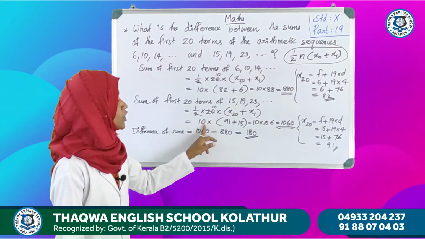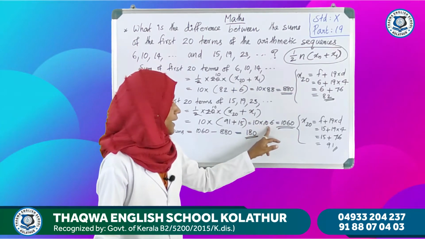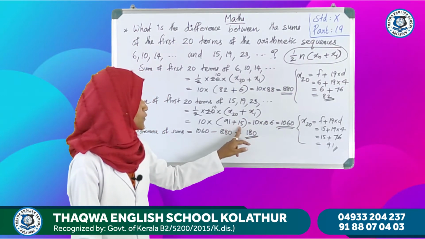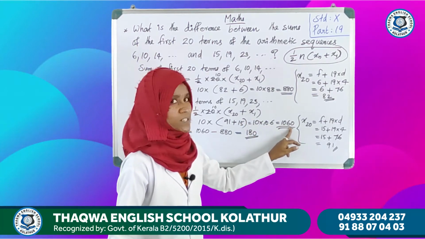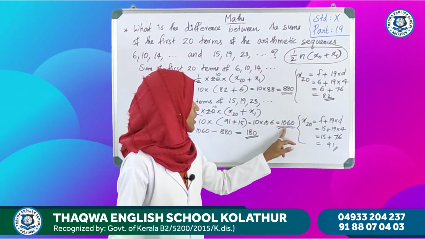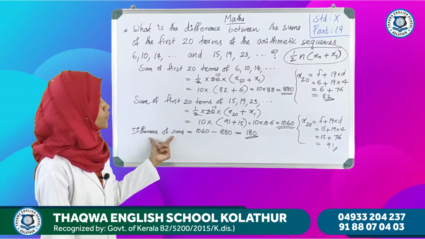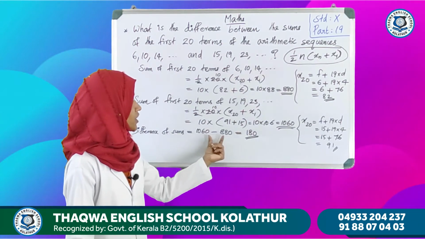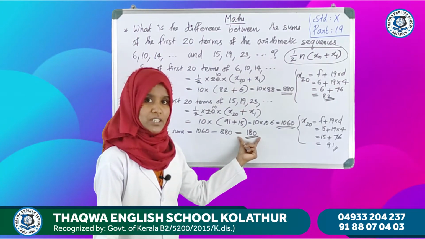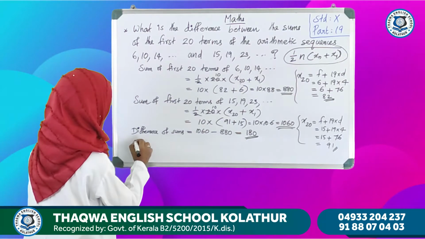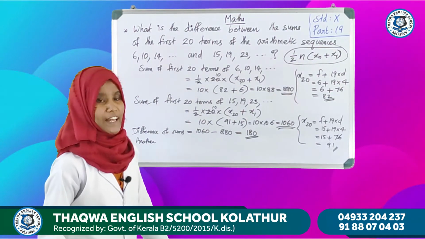That is 10 into (91 plus 15), 106. 10 into 106 is 1060. Now we have to find the difference of the sums. 1060 minus 880 is 180.